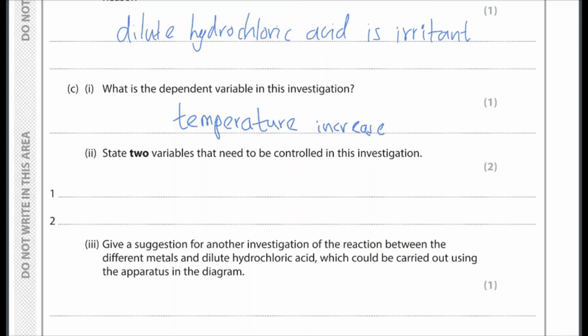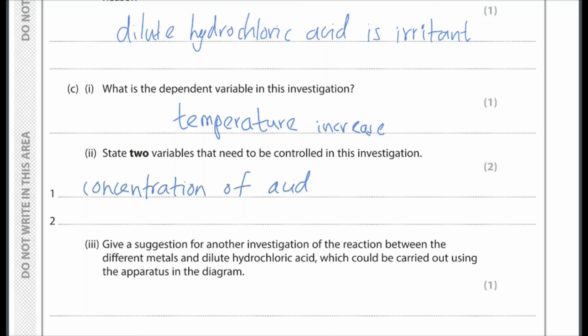State two variables that need to be controlled in this investigation. They have already told about the volume of acid, so we can say the concentration of acid. And also we can say the size of the metal or the surface area of the metal.